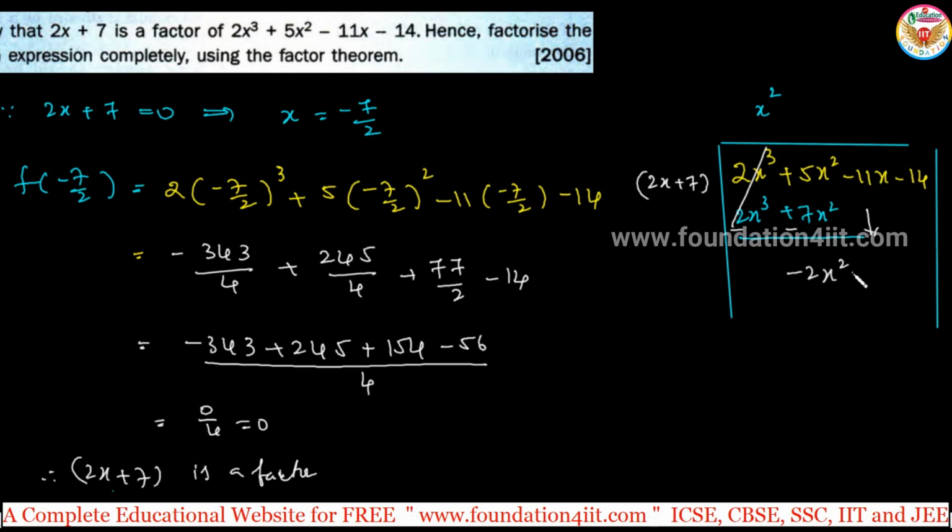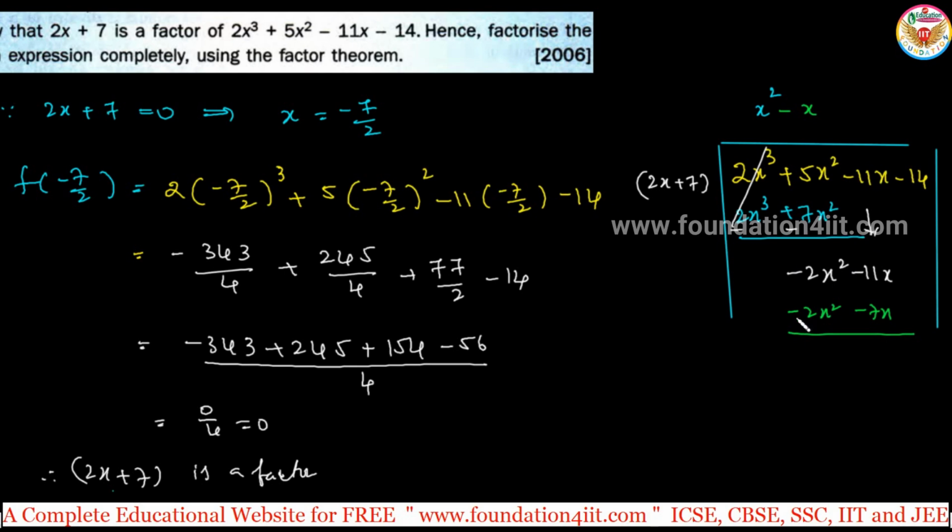Next term take down, that is minus 11x. Again repeat the same step. 2x into what term is minus 2x square? So minus x. Minus x into 2x is minus 2x square, minus x into 7 is minus 7x. Now change the sign, subtract, cancel, minus 11 plus 7 is minus 4, and the next term is minus 14.